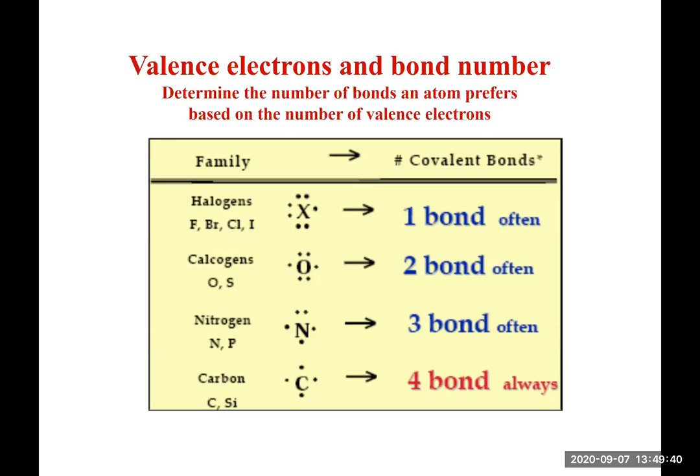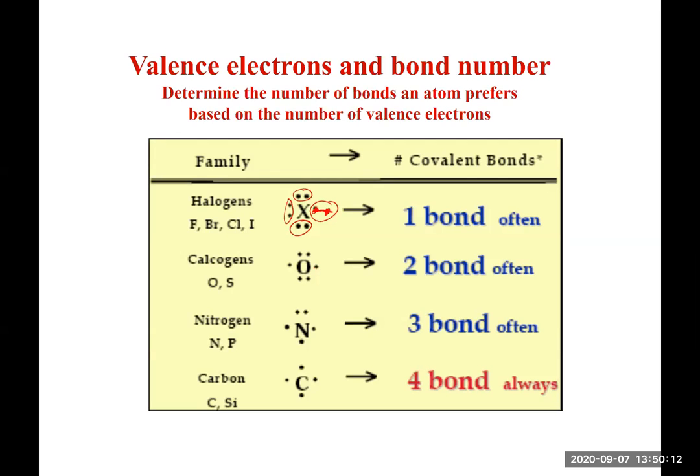So the halogens, for example, having 1 unpaired electron are going to want to form a bond here and get some other atom to donate an electron so that there would be 2 electrons here, giving the halogen 2, 4, 6, 8, or what we call an octet of electrons that gives it the electron configuration of the noble gas that's closest to it.